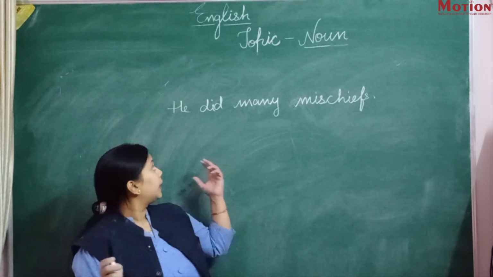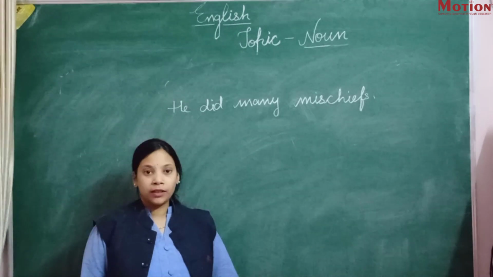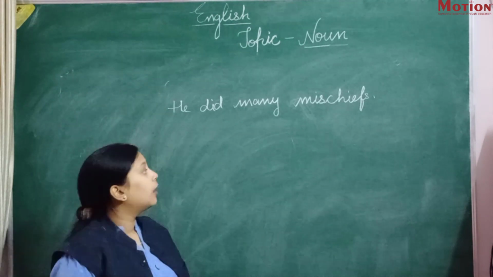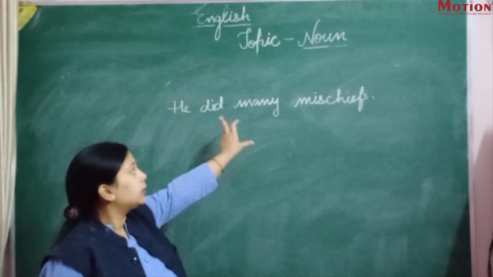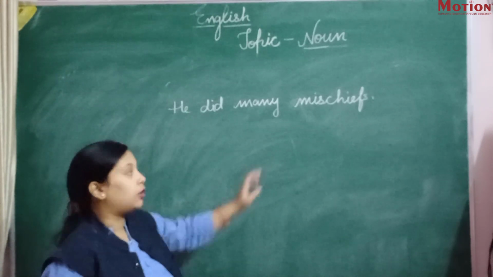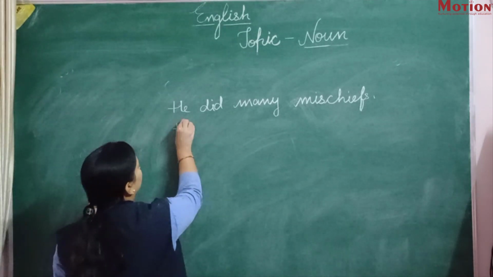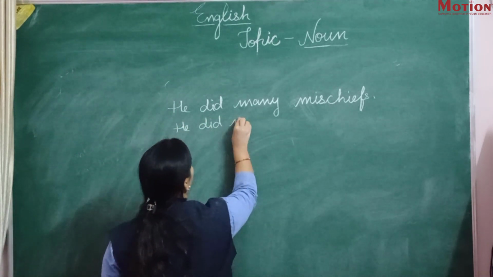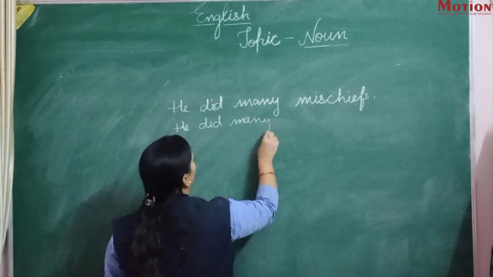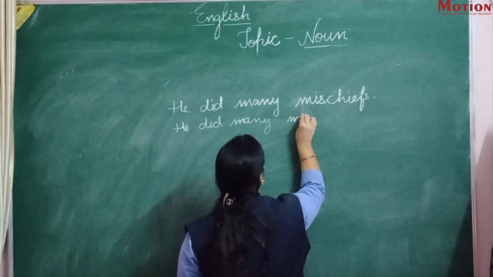I have written, he did many mischiefs. Mischiefs, is this a correct sentence? No, this is not a correct sentence at all. The correct sentence is, he did many mischief.